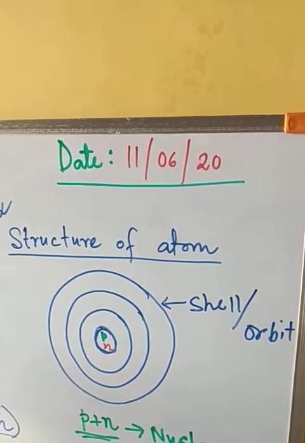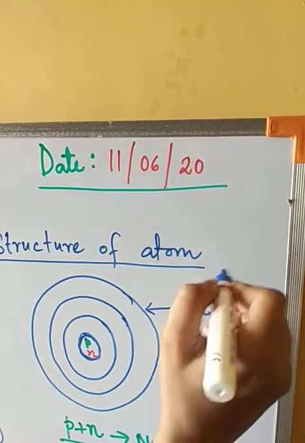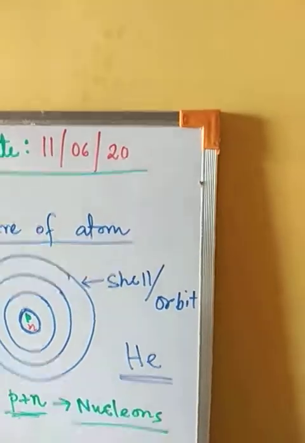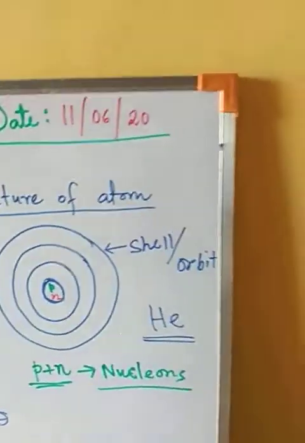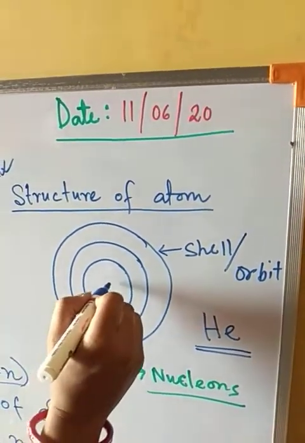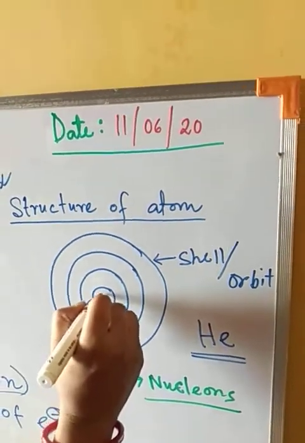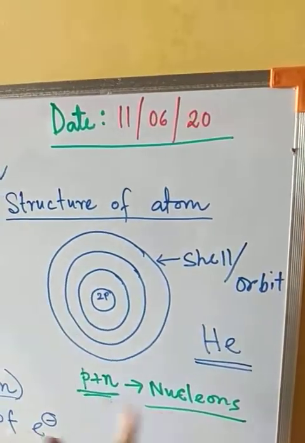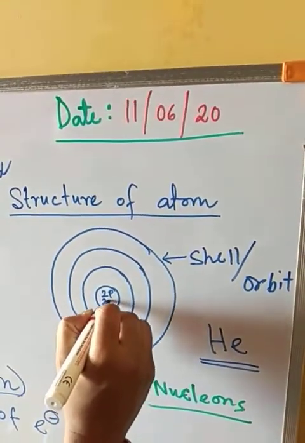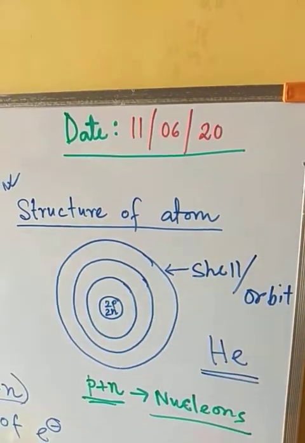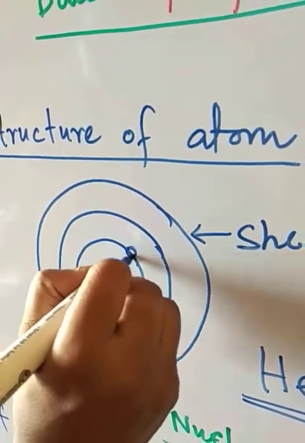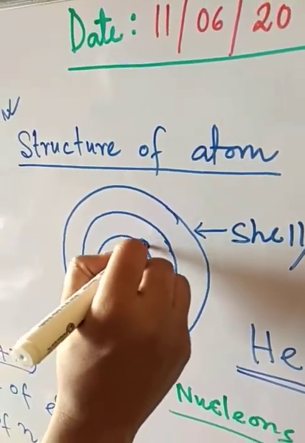Now let us draw the structure of helium. Here we know for helium, in the structure of the helium atom there are two protons and two neutrons. So this we will write at the center, in the nucleus, and there are two electrons. The electrons we will draw in this orbit or shell.